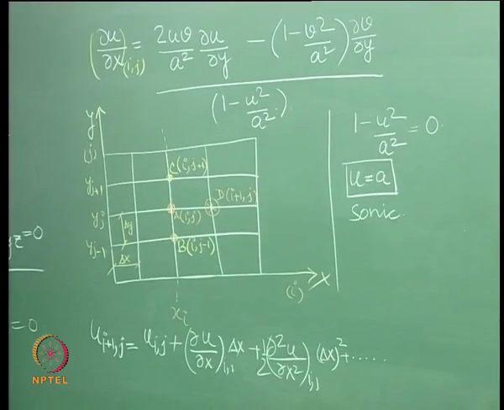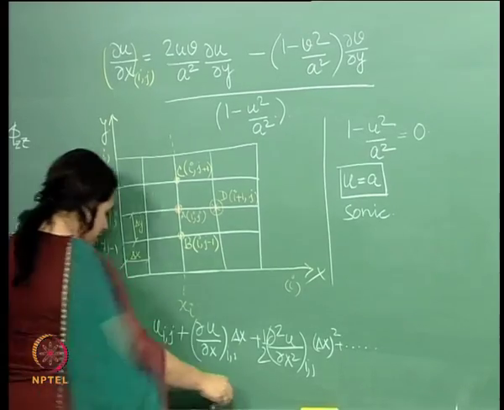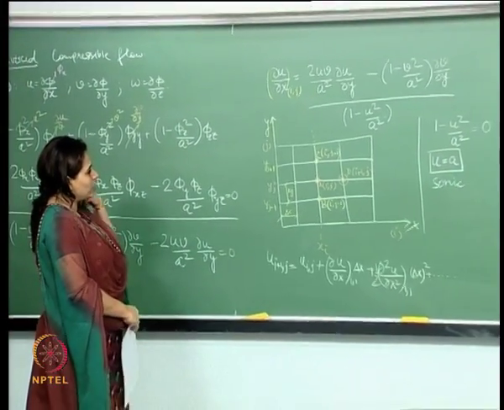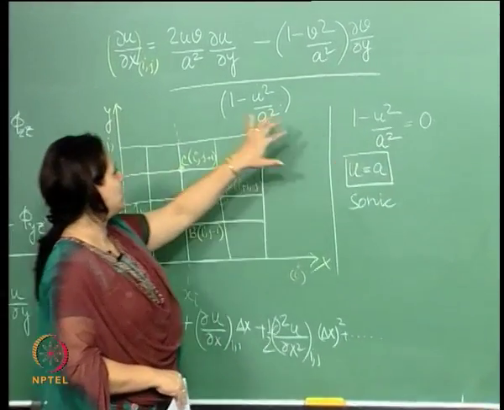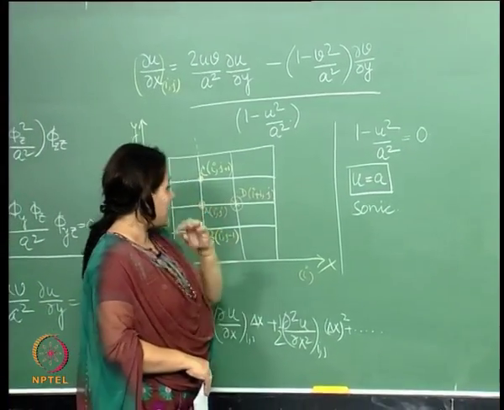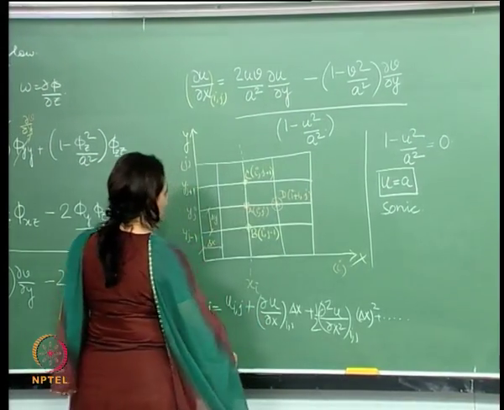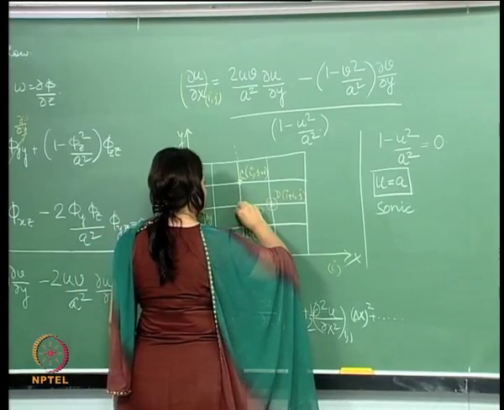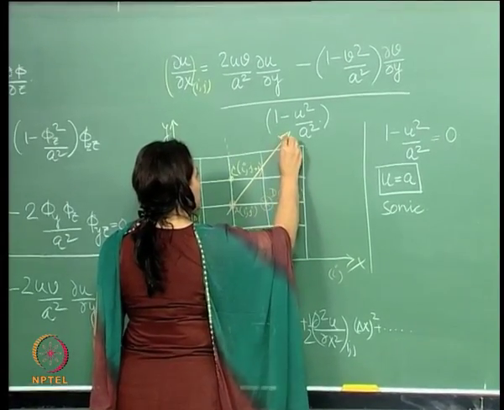Now, if there is such a case, let us take this grid itself and look at this. Say this condition happens, you get to a condition when this is 0. So in this grid, say we have a velocity, this is the velocity of the fluid.